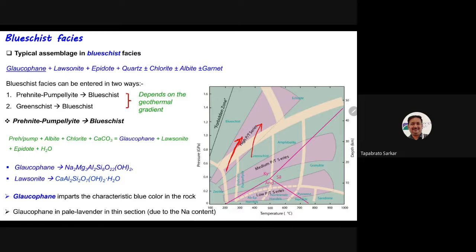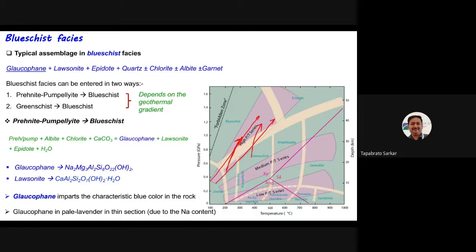For example, you can move here, or you can move through here as well. So depending on that, the reactions would be slightly different, because the mineral assemblage within the prehnite-pumpellyite and in the greenschist facies is slightly different. Therefore, the reactions will be different, but the mineral assemblage will be more or less pretty similar.